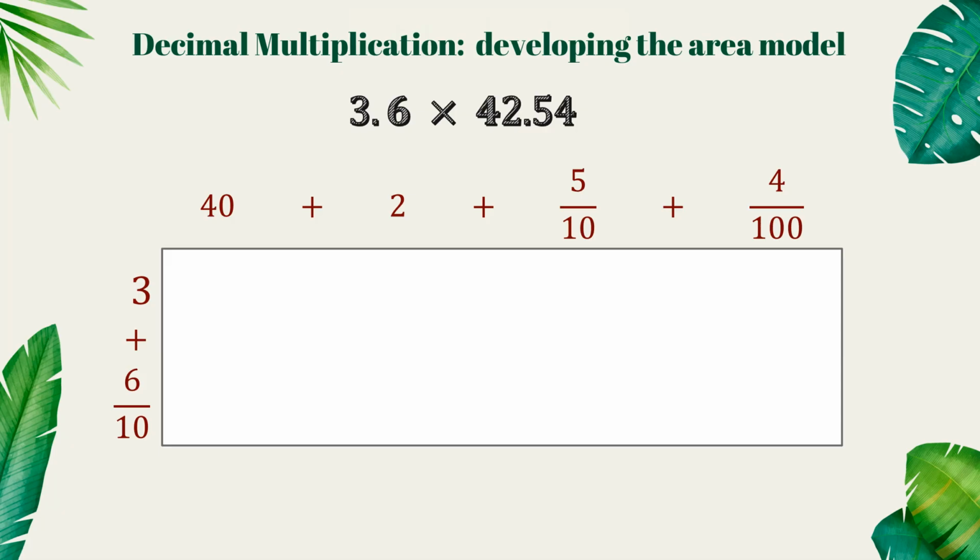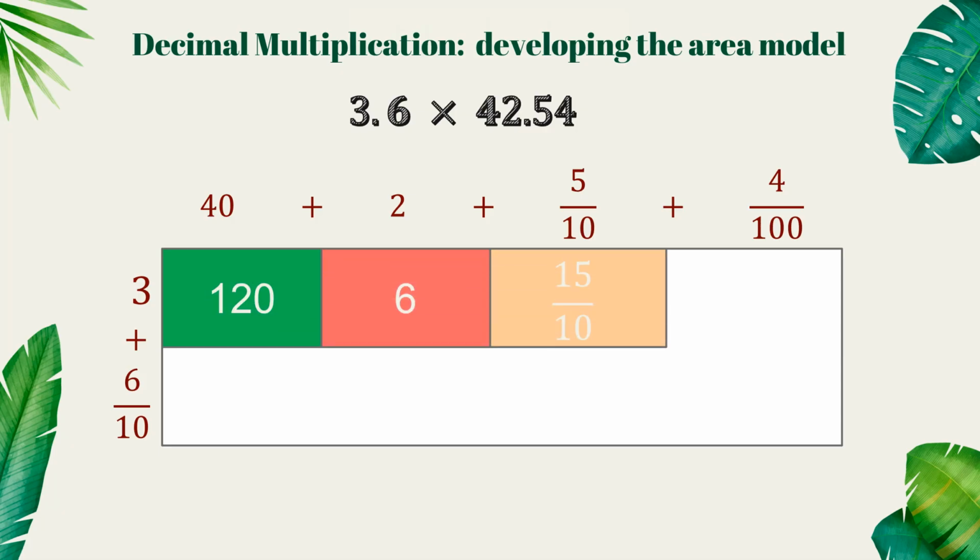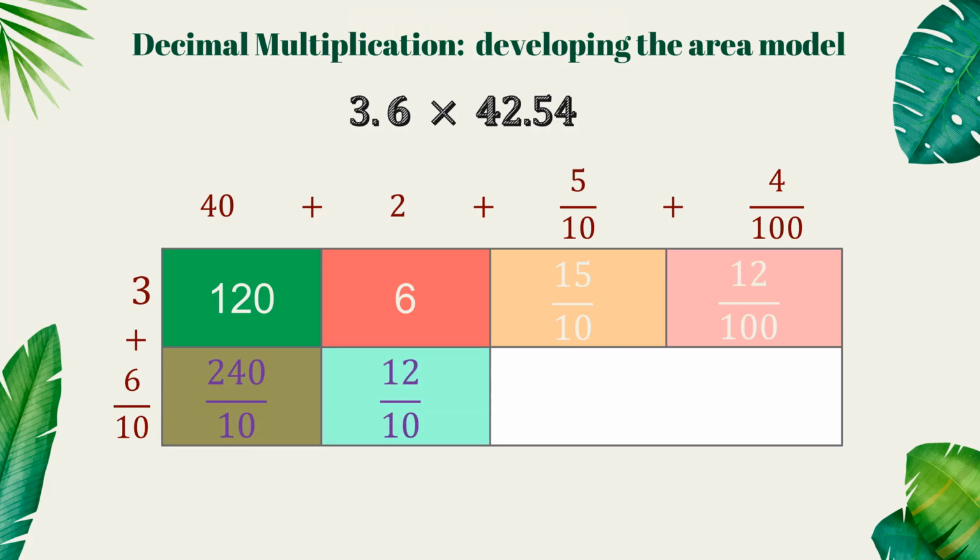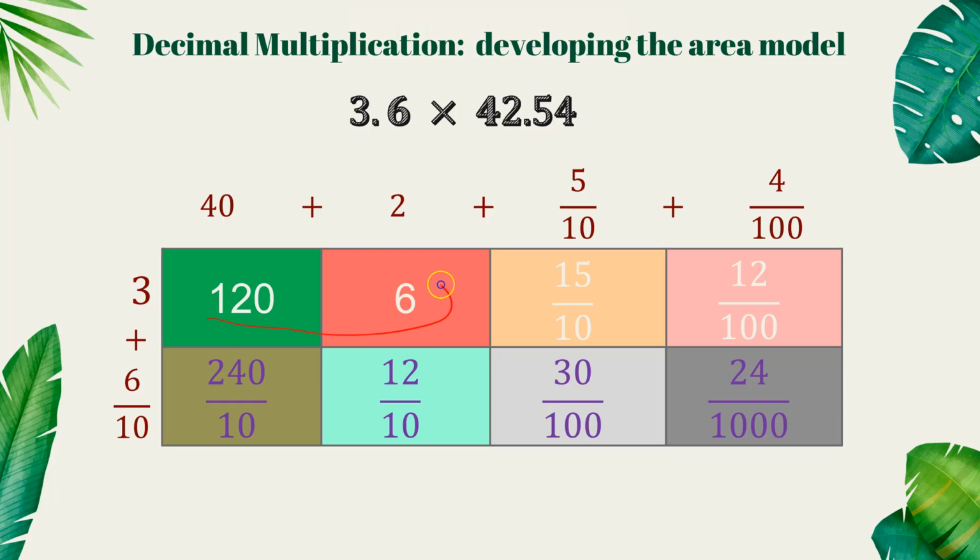Then we're going to find the area of each one of them, and then we are going to add them together. Okay? Now, I'm going to see that this is 126 altogether. This right here is 24.